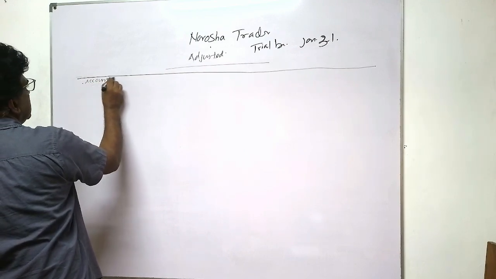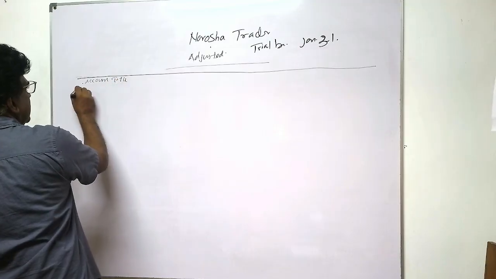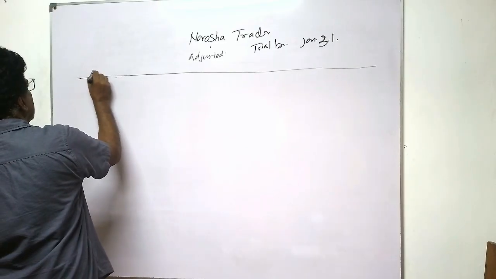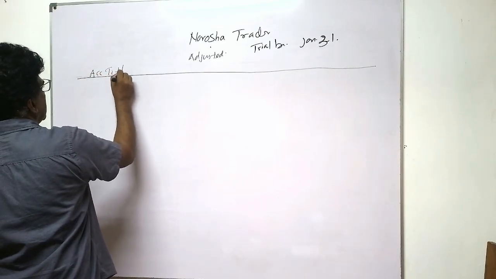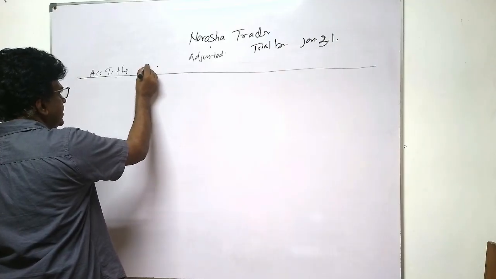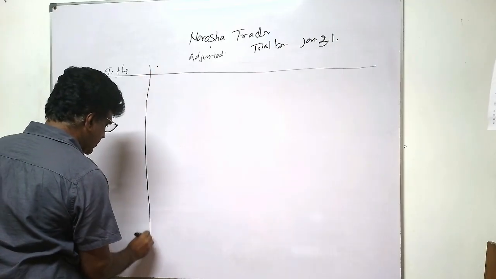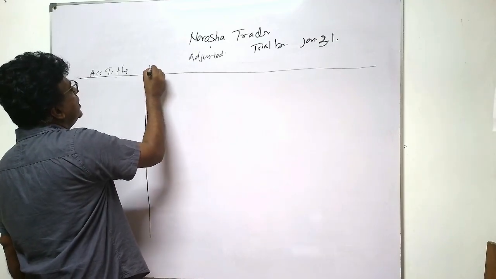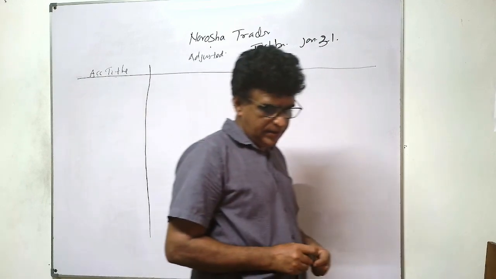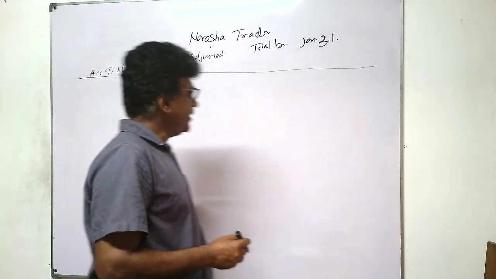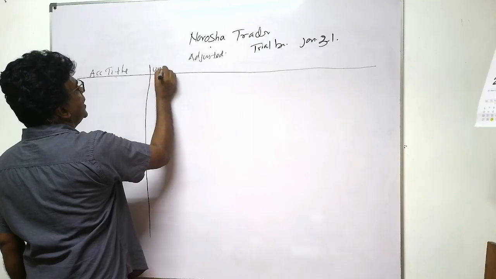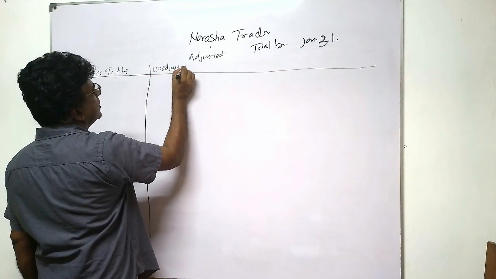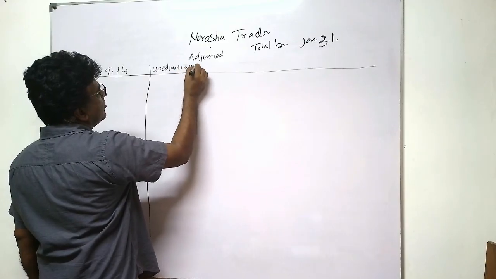Account title is there, right? And we have the initial situation, that means the unadjusted balance.